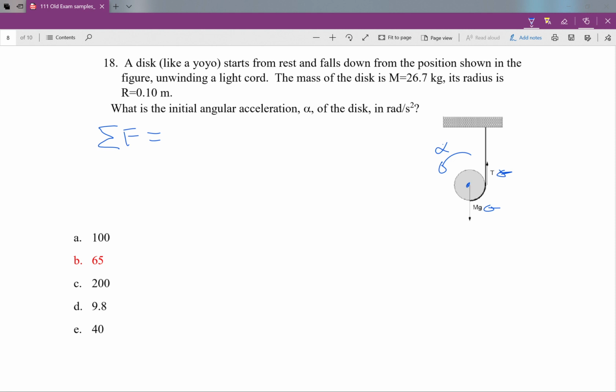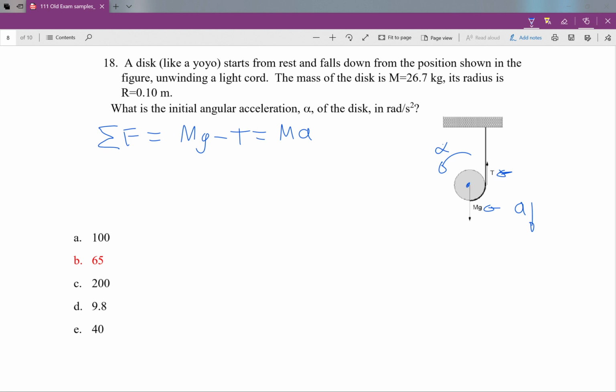And because tension points towards the positive direction of rotation, tension will be positive if we were to use the sum of the torques. But for linear acceleration, it's moving down. So we have to say tension is negative and mg is positive. So mg minus the tension equals m times linear acceleration.